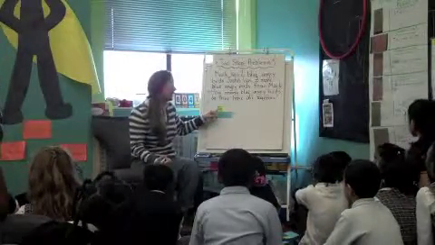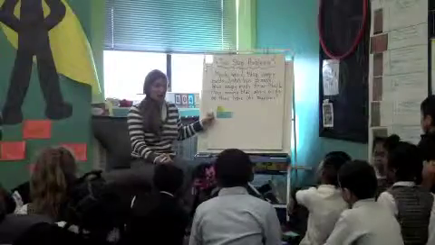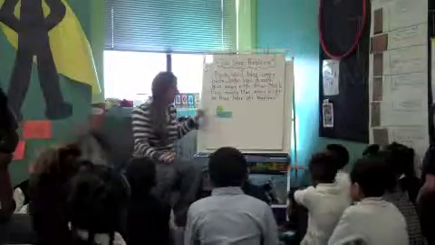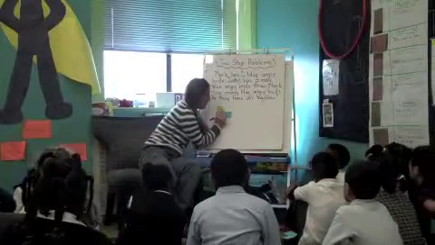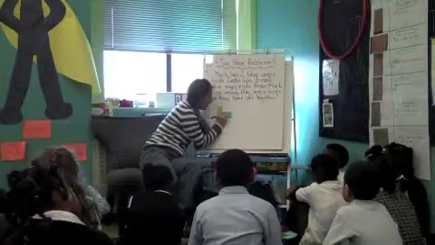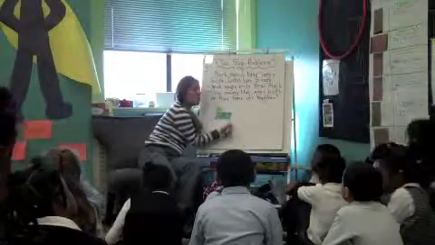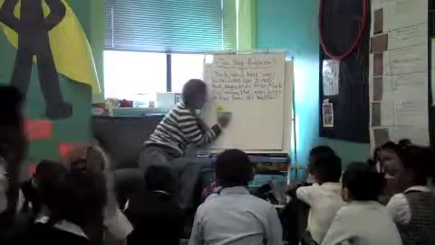So, Mark has 2 Angry Birds. Justin has 3 more. So I know that this amount right here is 3, because he has 3 more than Mark.